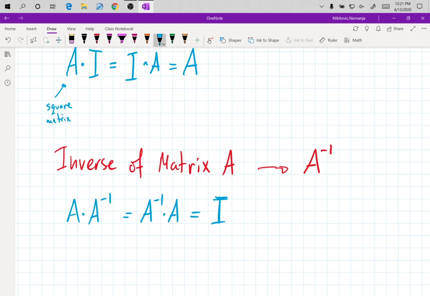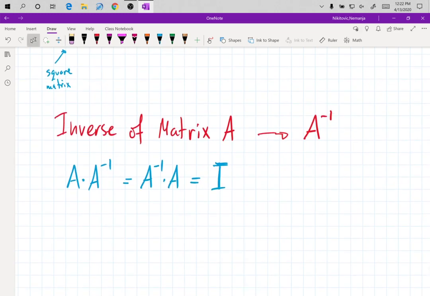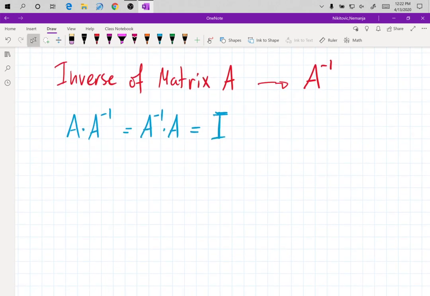So it is a little bit tricky on how to get these matrices to work, because first we have to also define the determinant, and then we can define the inverse of a matrix.